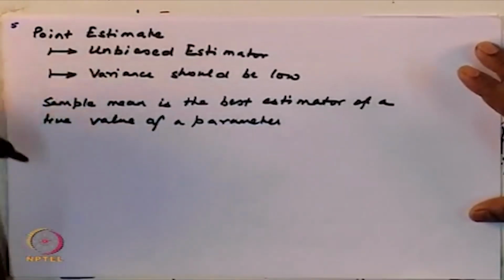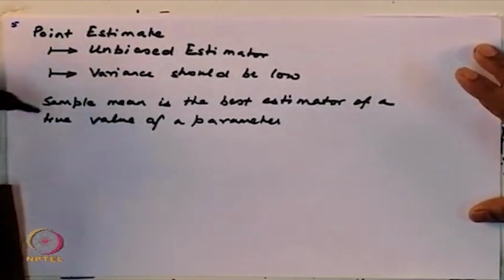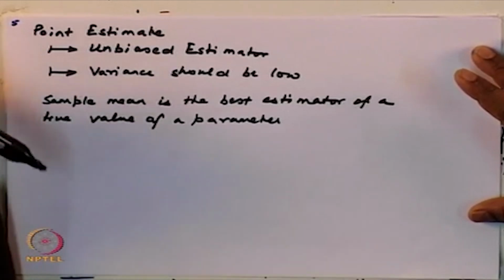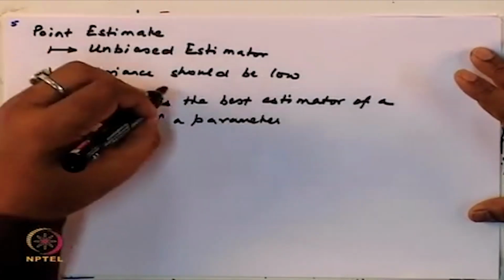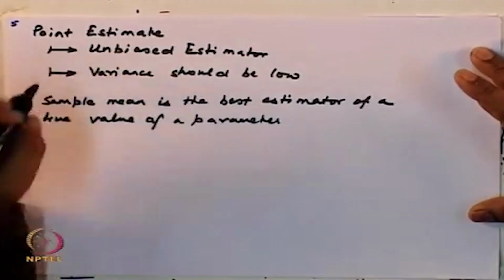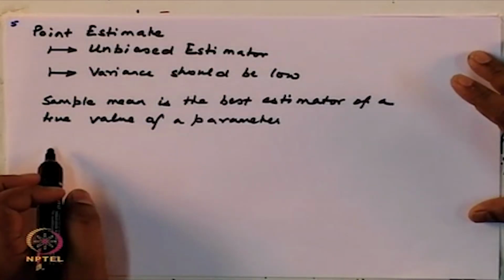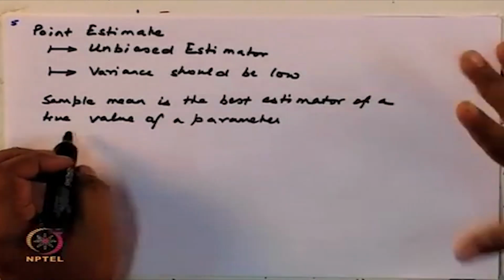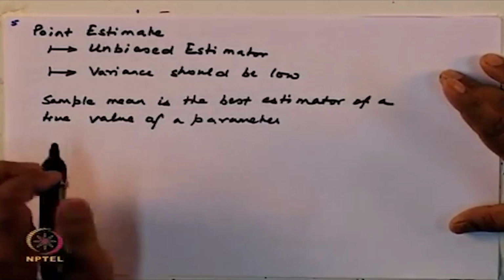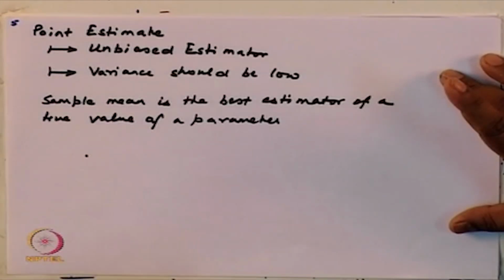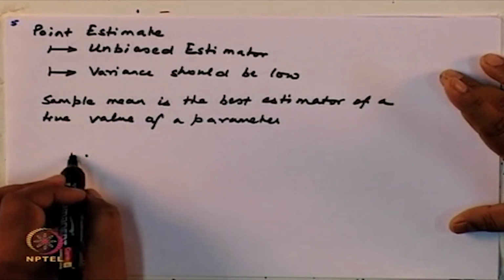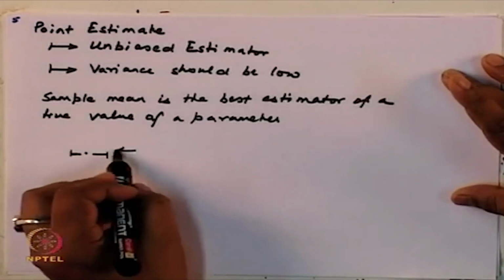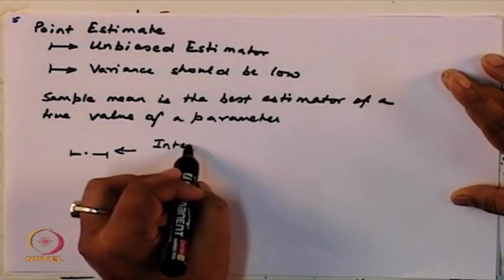Because we showed that the sampling mean follows a normal distribution, and if your sample size is larger, then your variance can also come down, because the variance for the sample mean is sigma square by n. But in the general case, as opposed to predicting a single value, it is better to come up with a range. This kind of a range is called an interval estimate.